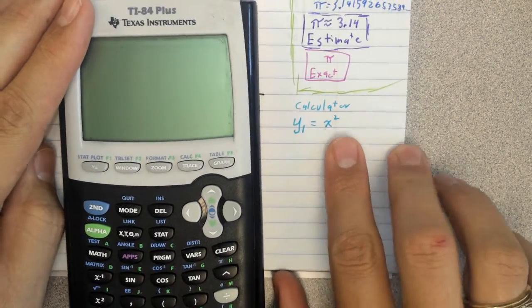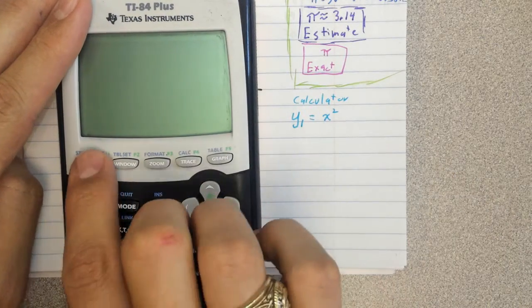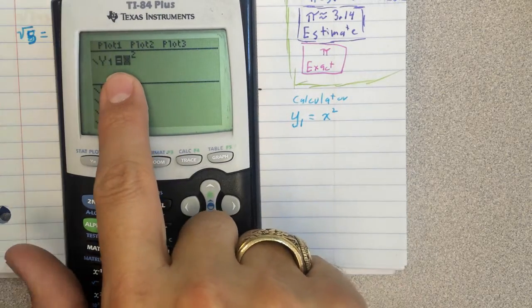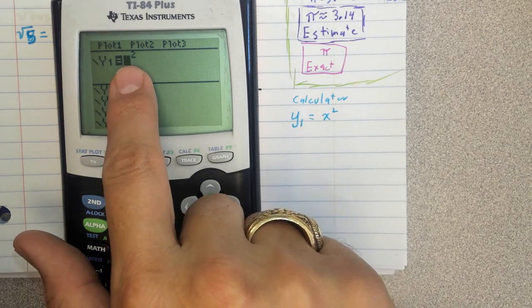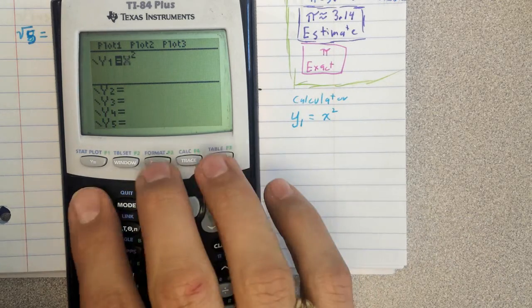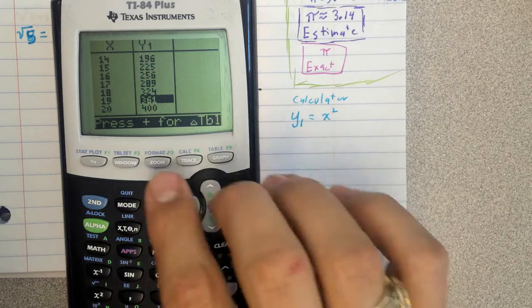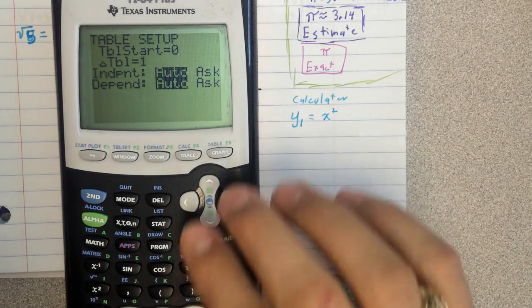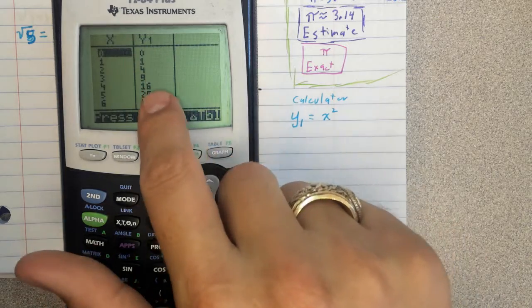So in my calculator, I can go to y equals, and I can put in x squared. X squared gives me a list of my perfect squares when I go to the table. I can start at 0, and here are my perfect squares.